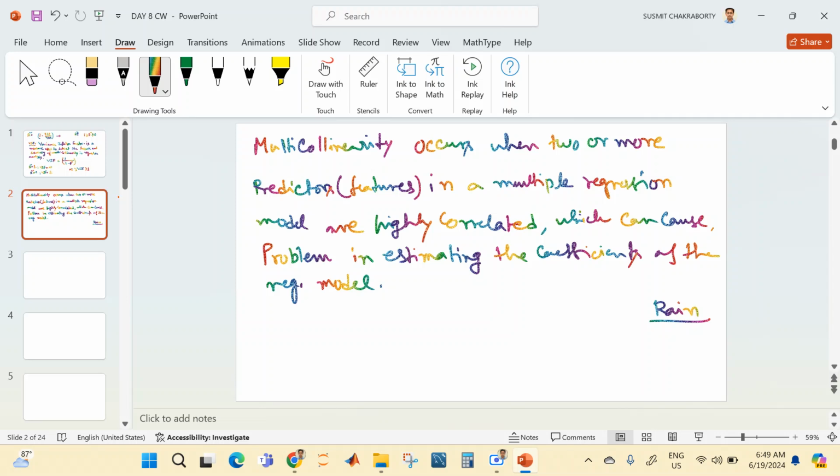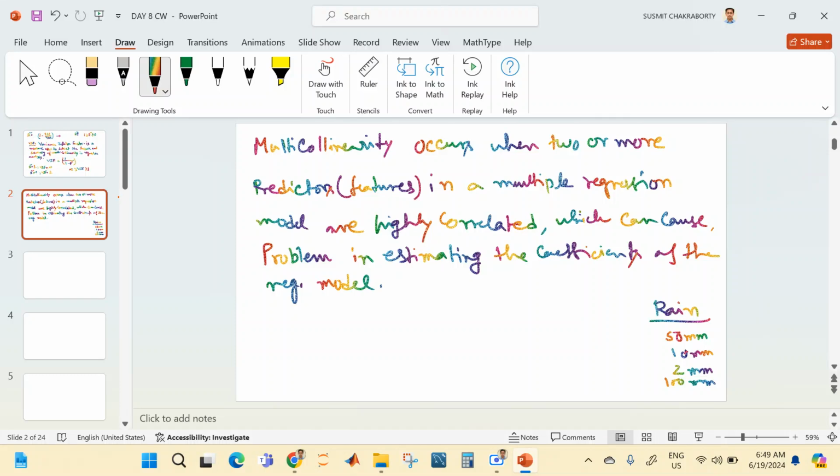It could be 50 millimeters, or 10 millimeters, or 2 which is very little rain, or very high rain, 100 millimeters. So you should find one model that predicts the rain.